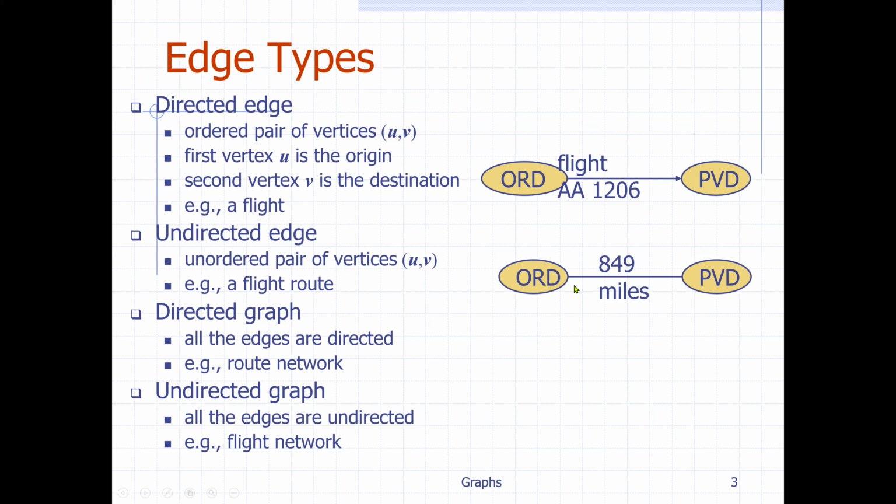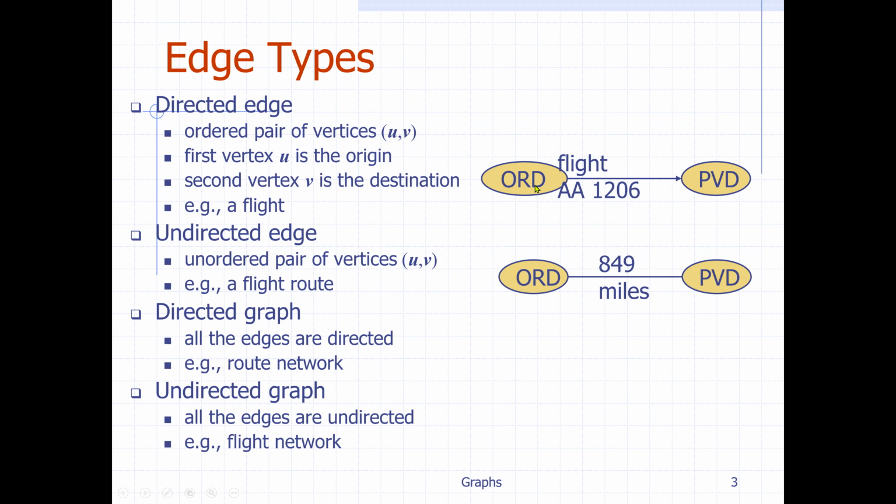And we may also use the term undirected graph. We have a directed graph if all the edges in the graph are directed. And if all the edges are undirected, then it's an undirected graph. So this is a good example, flight number AA1206. It has to go in only one direction at a particular point in time.